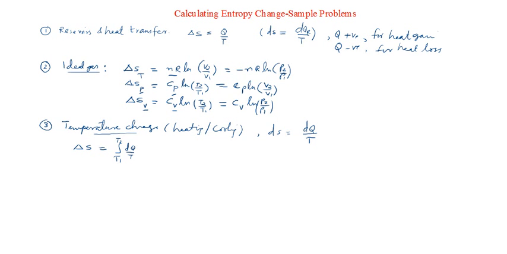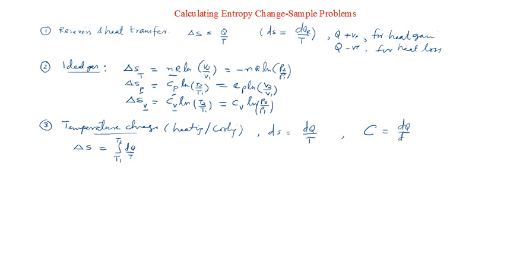During a heating or cooling process, what is important is the heat capacity. So we have the relation that the heat capacity, capital C, is equal to dq by dT.